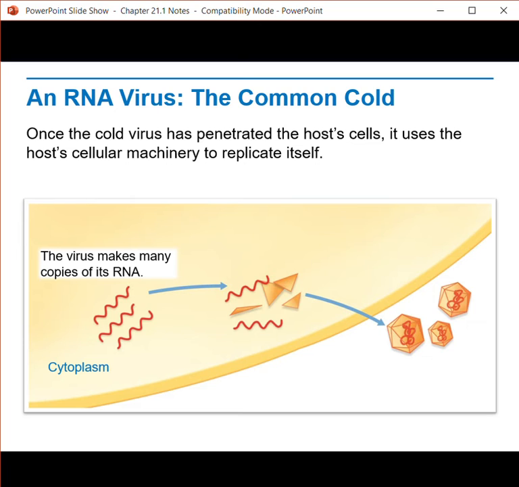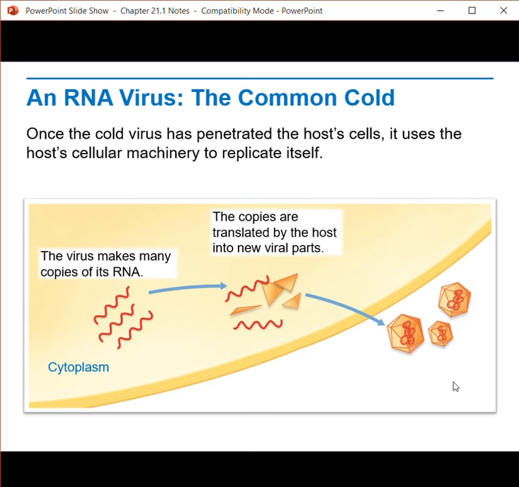So, the host cell's ribosomes use the viral RNA as the host's own mRNA, and it is translated into capsids and other viral proteins. So it takes what it has and it's changing it and translating it into something else. So, what did I just say? The copies are translated by the host into new viral parts. That's another way to say it.